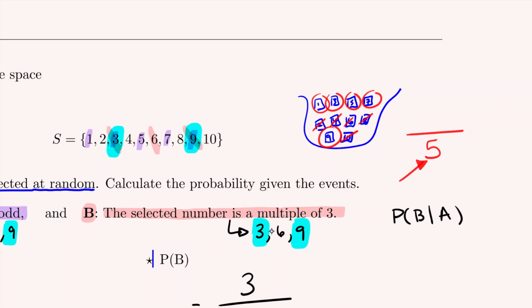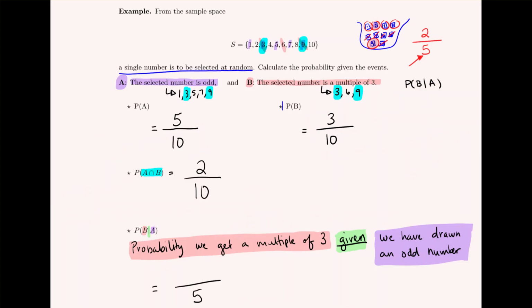So how many of those are in our available list? Well, we have 3, 6 was already crossed out because it was an even number, and 9. So 2 of the 5 outcomes are multiples of 3. So that's why the probability that B occurs given A is 2 divided by 5.